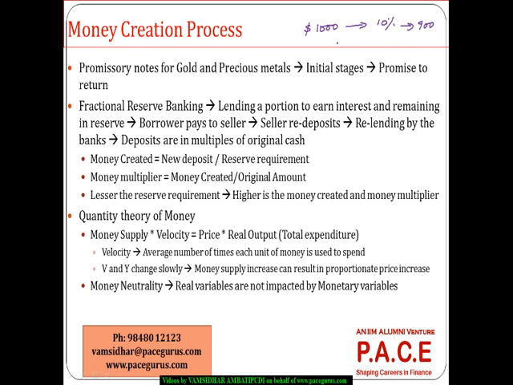This 900 again came back into the bank because the borrower purchased something and the seller redeposited it in the bank. Again 10% is set aside and it has given a loan of 810. Again this 810 came into the bank, and after 10%, 81, being set aside, it becomes 729.